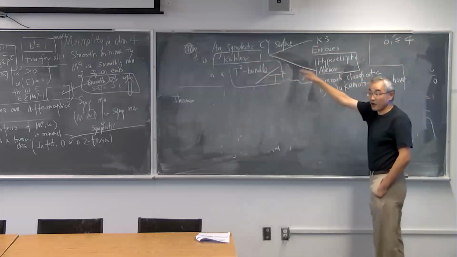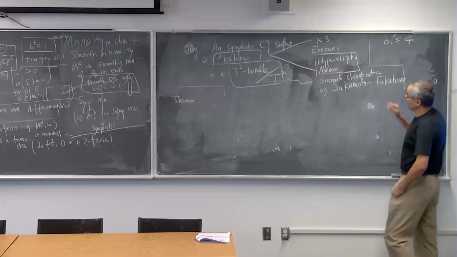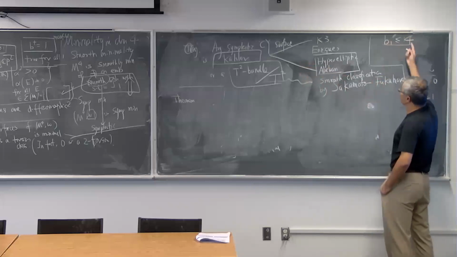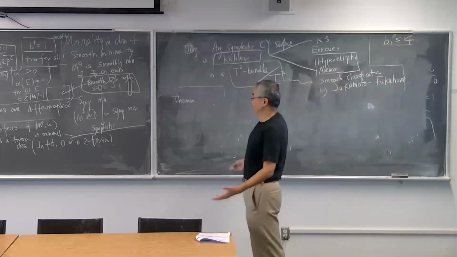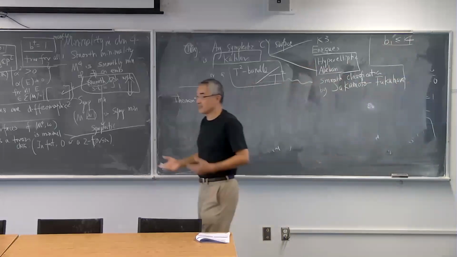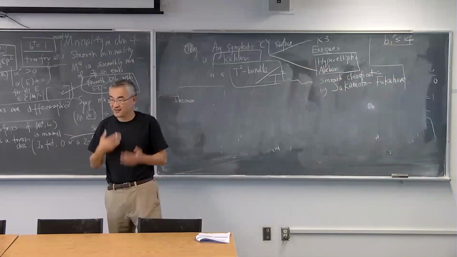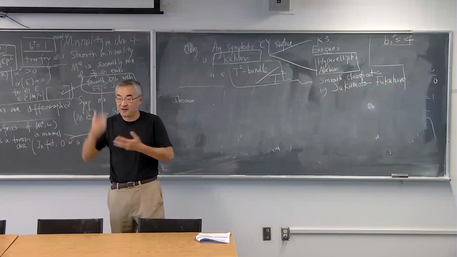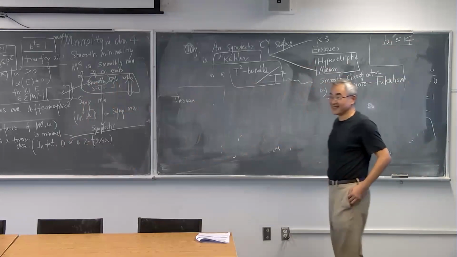So there are overlaps between these two classes. So b1 at most 4 is actually not surprising because in the Kodaira case, you have a Ricci flat metric. So the first Betti number is bounded by the real dimension.